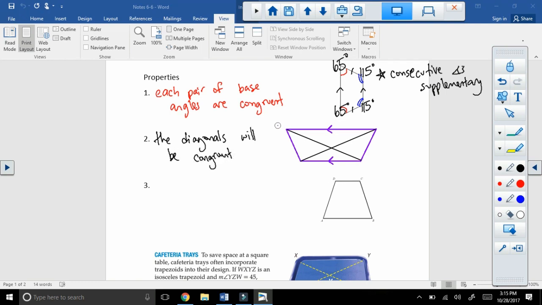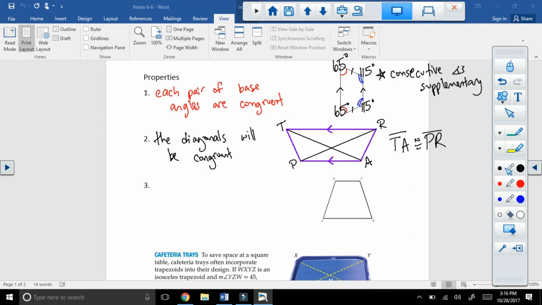And we should probably put some letters on here so we can talk about those sides. I would say here that TA, so segment TA, is congruent to segment PR. And that is the second property of an isosceles trapezoid.